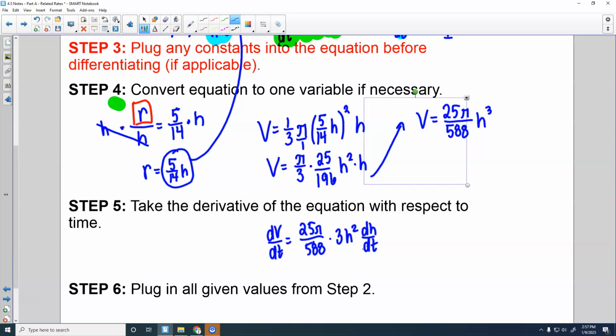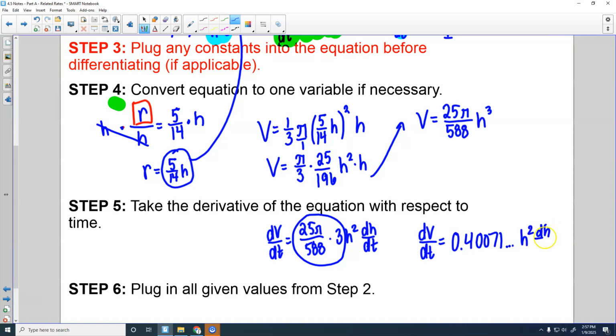This is definitely one I'd let you use your calculator on. I might just go ahead and do a big decimal for that, because I'm going to want a decimal in the end. I'm getting 0.40071 h squared dh/dt.